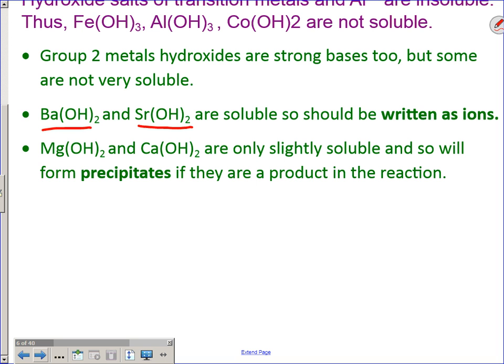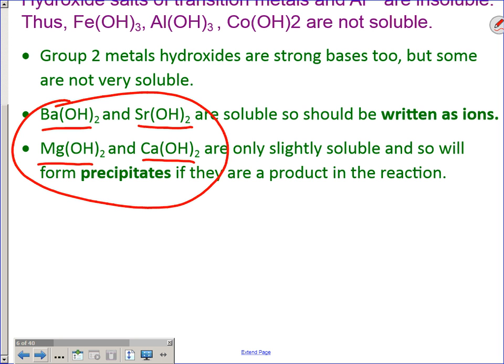Barium hydroxide and strontium hydroxide would be ionized, whereas magnesium hydroxide and calcium hydroxide are so slightly soluble that we would also call them essentially a precipitate. So stick with those. That's the weird hydroxide, like you're on the fence about whether it's going to ionize or not. Give me a thumbs up when you have at least that written as ions and then precipitating. Just memorize it if you're not writing it down.